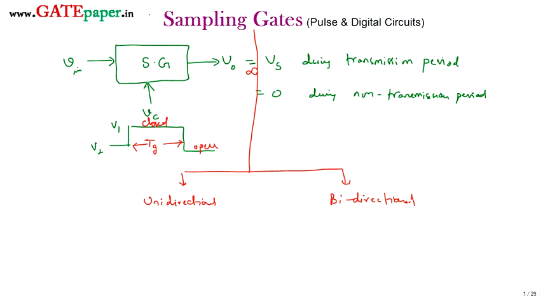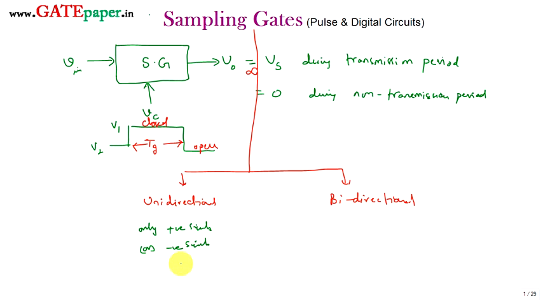That also looks like an increasing manner, but we are not going with it that way. A unidirectional gate can transmit only positive signals or only negative signals, but not both. Bidirectional, as the name implies, can pass both signals.